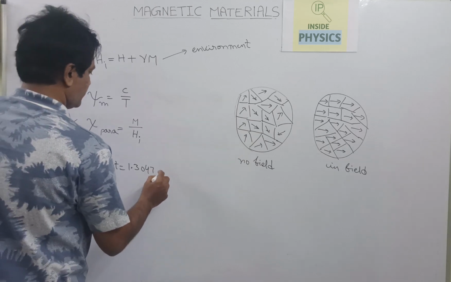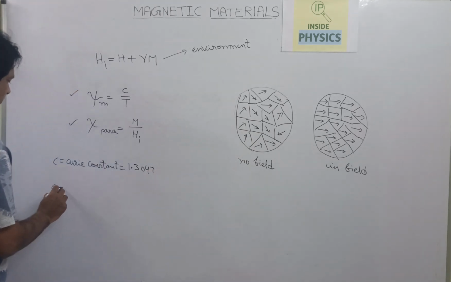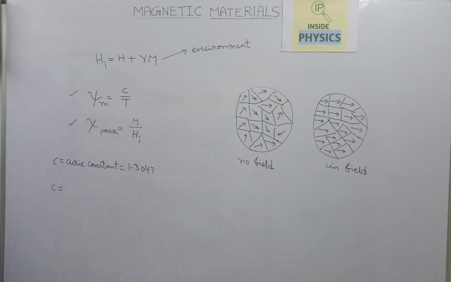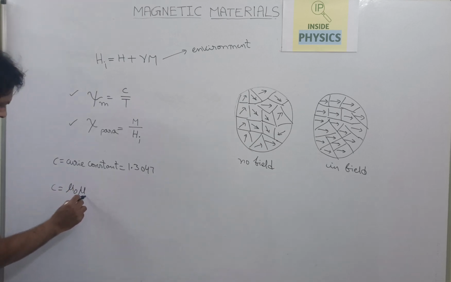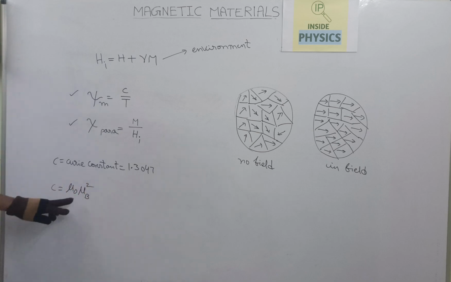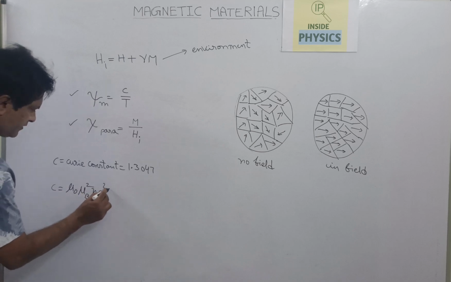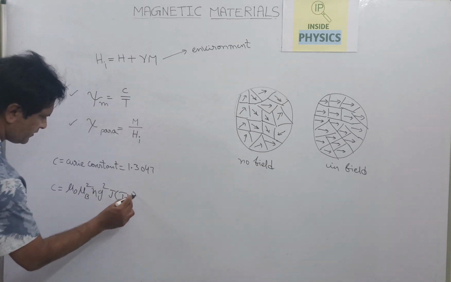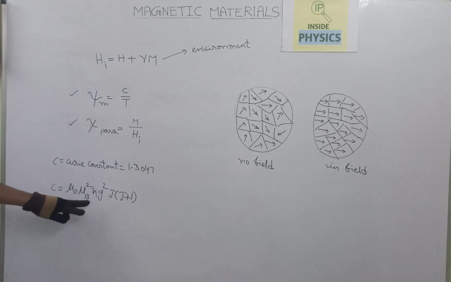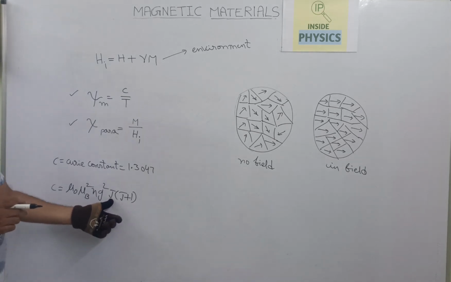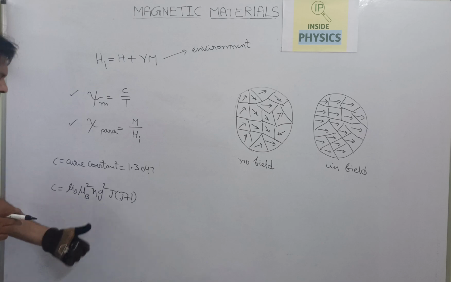This value of C comes from the formula where mu naught is the permeability of free space, mu B is the Bohr magneton, n is the number of atoms, g is the g factor, and J is the angular momentum quantum number, in the term g squared J(J plus 1).